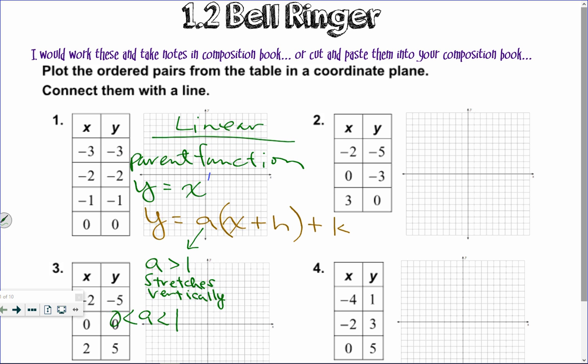Okay, so if it's between 0 and 1, it stretches horizontally, which basically means it just does what? Squashes it or flattens it out.